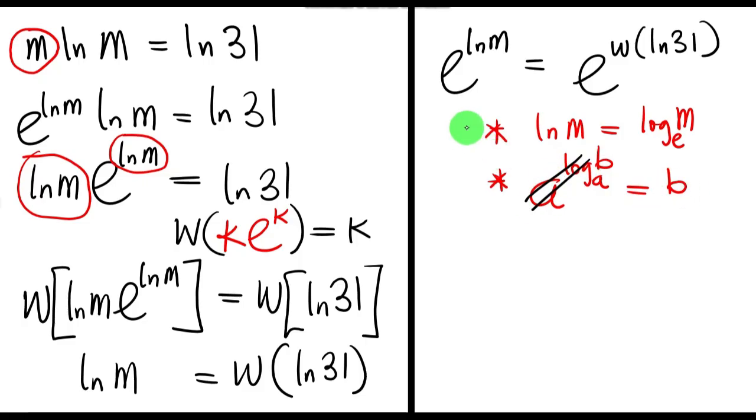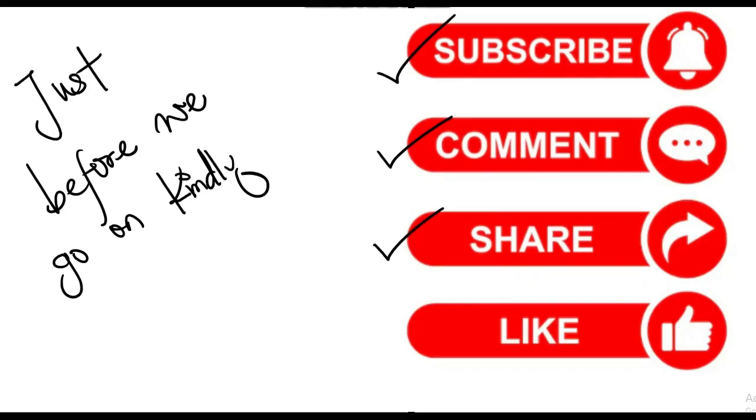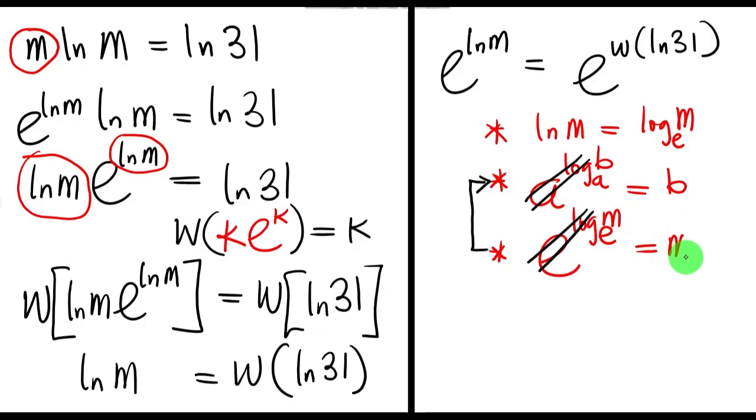So what we have here is the same thing as exponential of log of m. Then we've already established that ln m is the same thing as log of m base e, so we have base e here. According to this identity that we just established, this is going to disappear, and what we have left is going to be m.